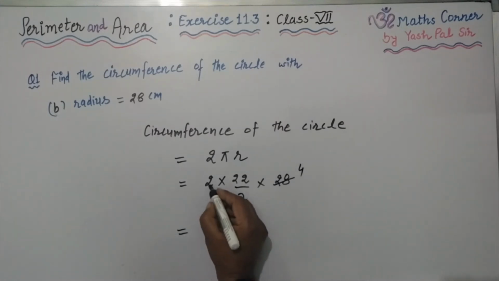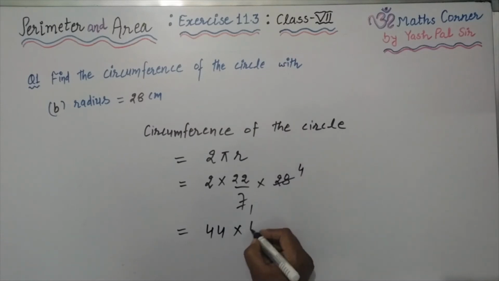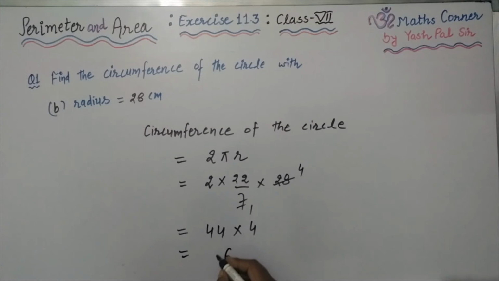So we have 2 into 22 is 44 into this 4. 4 into 4 is 16, 4 into 4 is 16 plus 1 is 17, 176 centimeter is the circumference of the circle when radius is 28 centimeters.